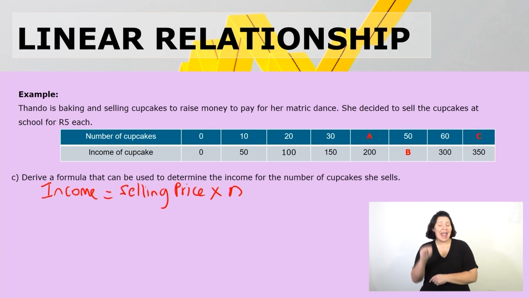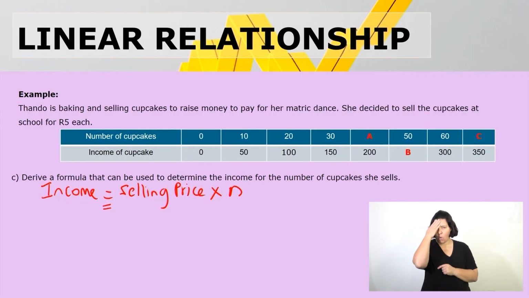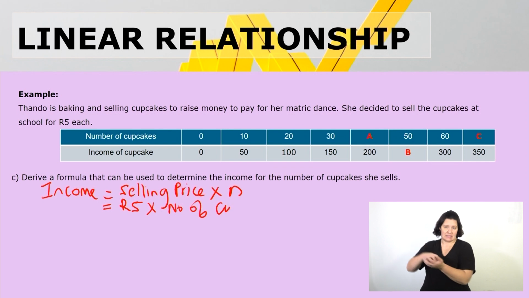Our n in this case represents the number of cupcakes. However, let's contextualize this formula. In this case, we know our selling price is 5 rand. So it will be 5 rand multiplied by number of cupcakes. I hope you got that one correct, guys, because it will come in handy as we move forward.